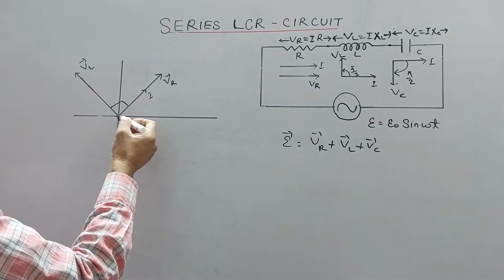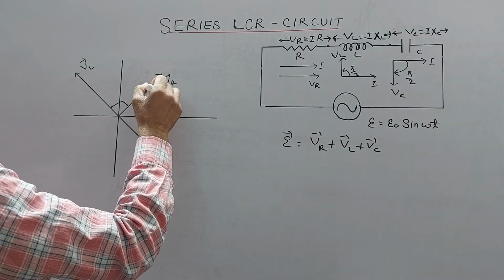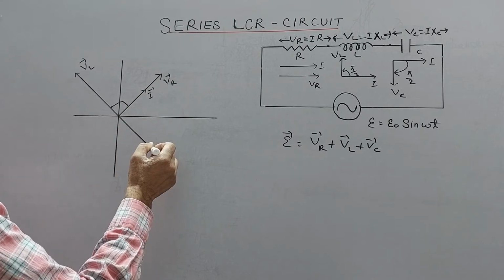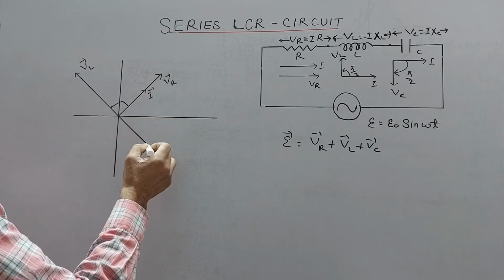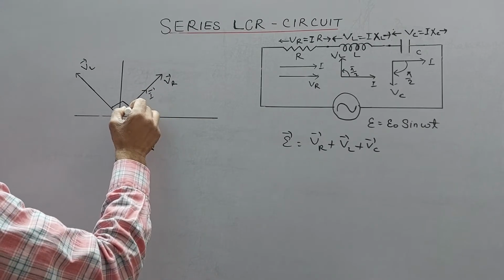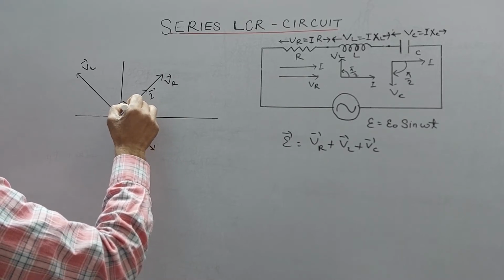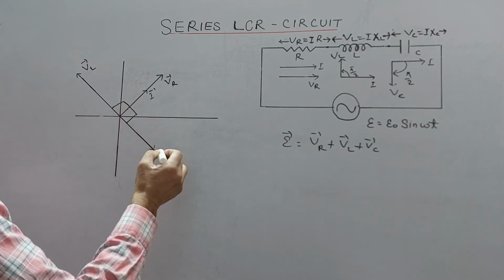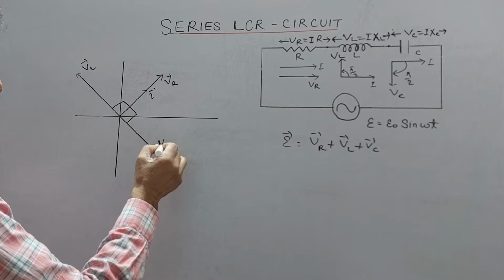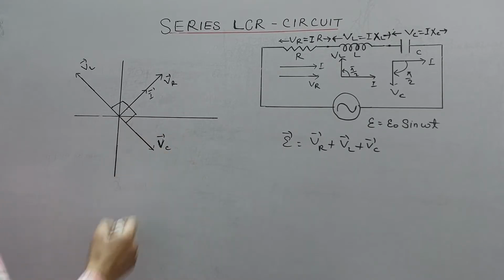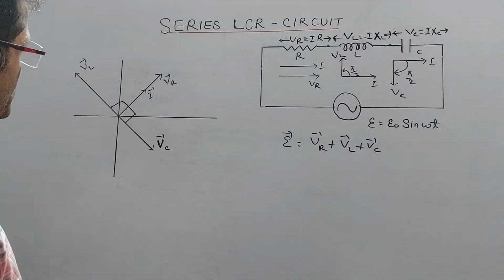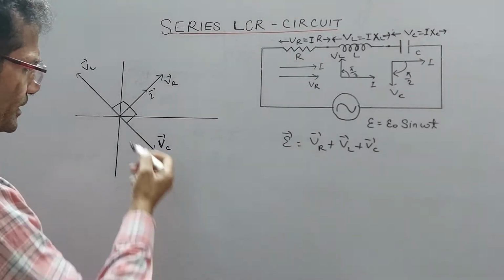So here, if the current vector is along this one, VC along the capacitor would be in the clockwise direction, making an angle of 90 degrees. This is another 90. So therefore VC becomes this one. Now in magnitude there are two conditions.